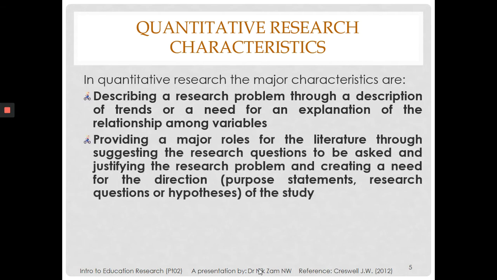Providing a major role for the literature through suggesting the research question to be asked and justifying the research problem and creating a need for the direction, such as purpose statement, research question, or hypothesis of the study.